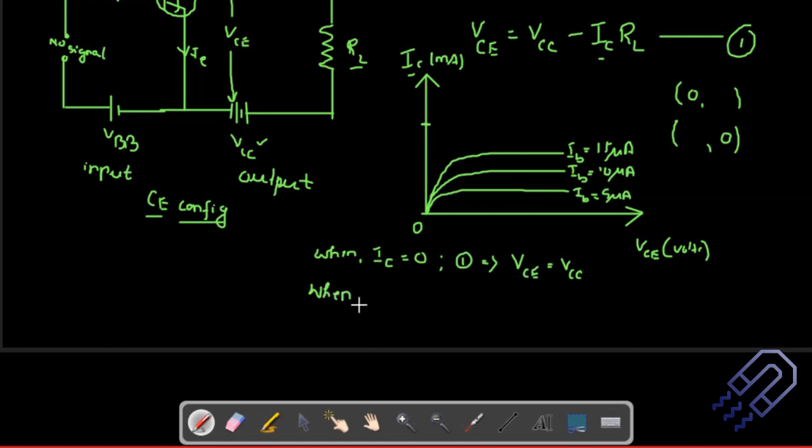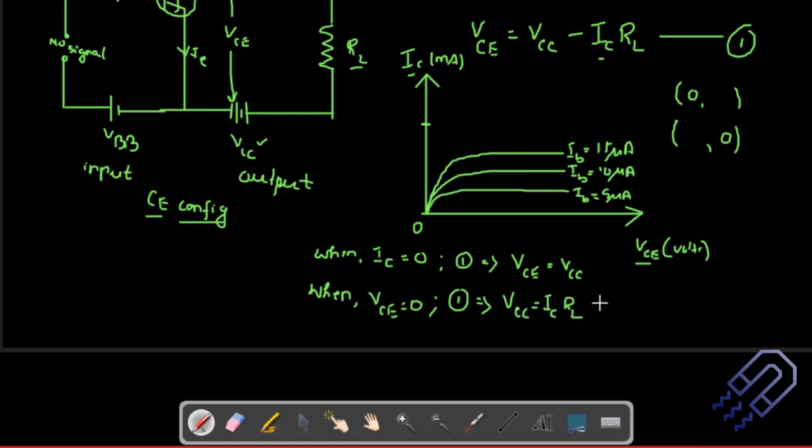On this part, VCE is equal to 0, we can take. If we take VCE equal to 0, equation 1 will imply that VCC is equal to IC into RL.